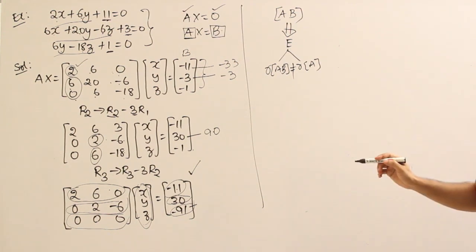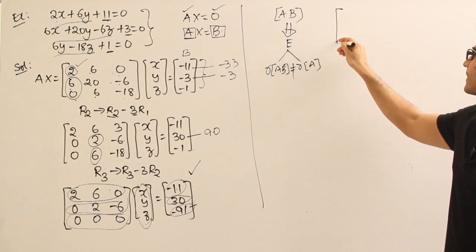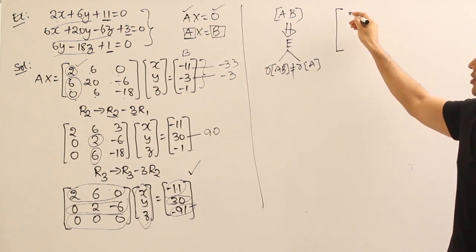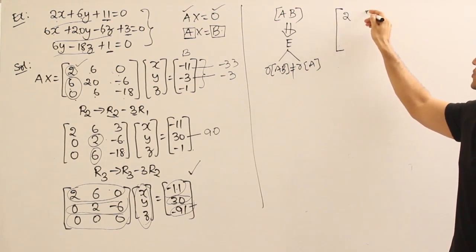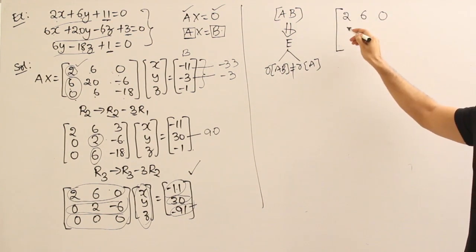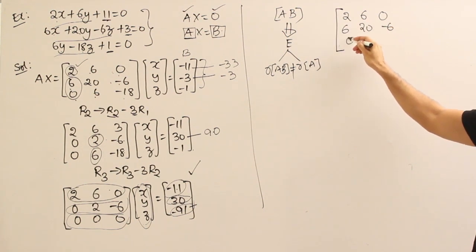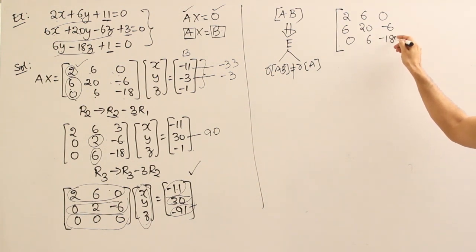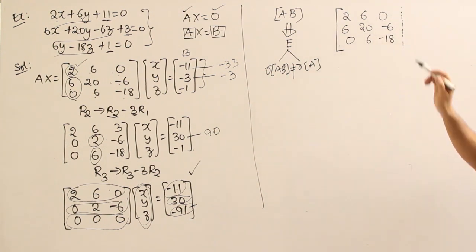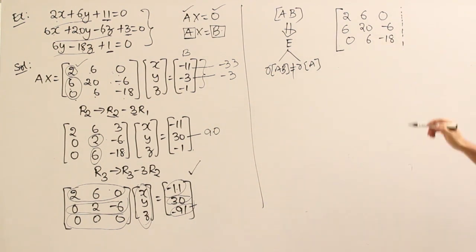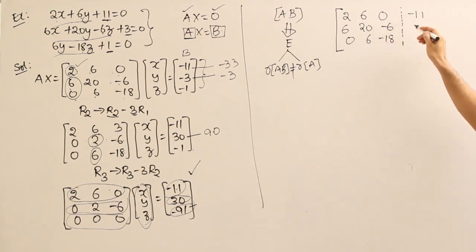See this. What they wanted to say is AB, concatenate A with B, which means 2, 6, 0, 6, 20, minus 6, 0, 6, minus 18 is now augmented, that is called augmentation, with minus 11, minus 3, minus 1.